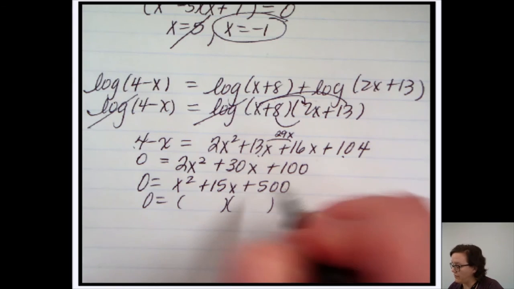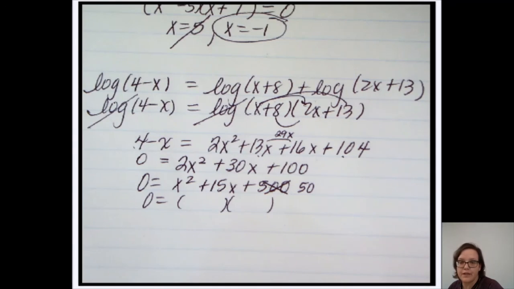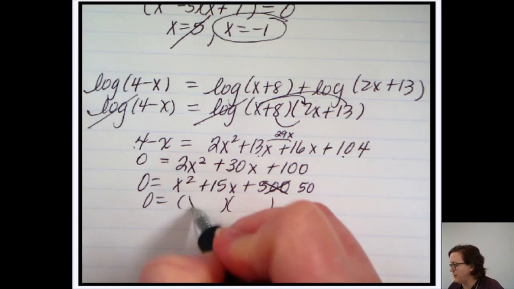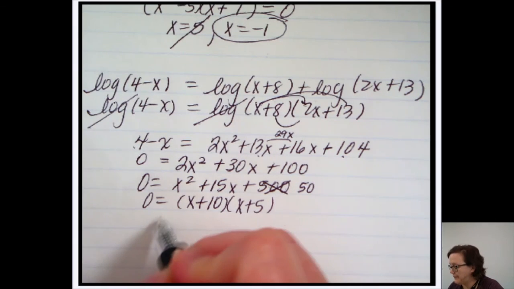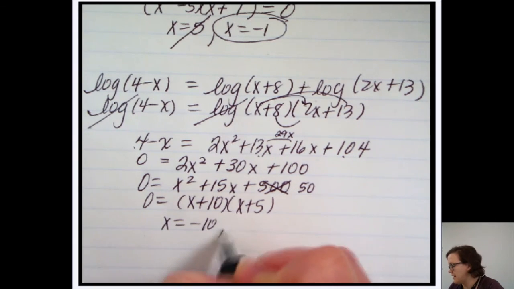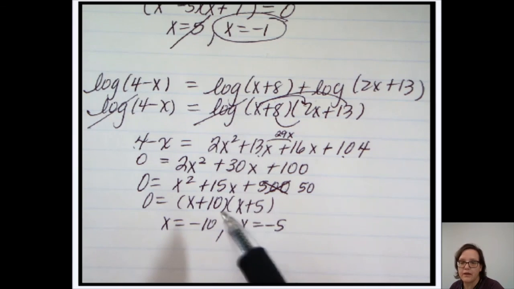Where did 500 come from? Whoops, I mean 50. Does that work better? So we have x plus 10 and x plus 5. Does that work for you guys? So x is negative 10 and x is negative 5 using that zero product property.